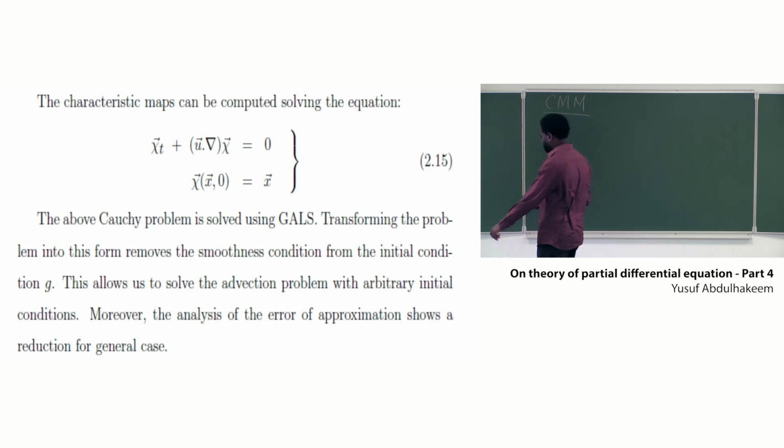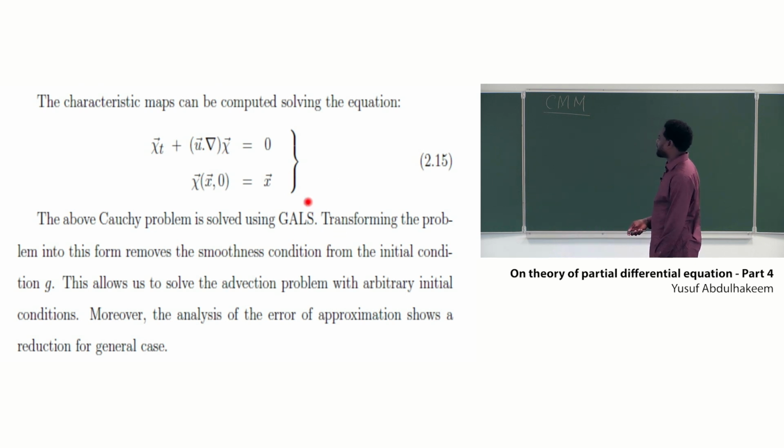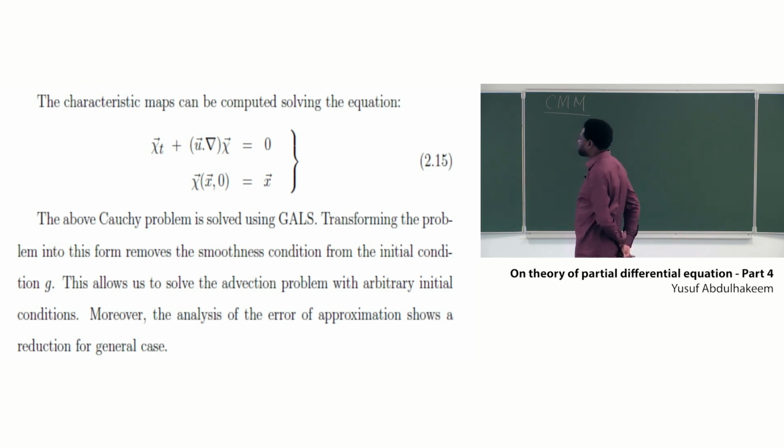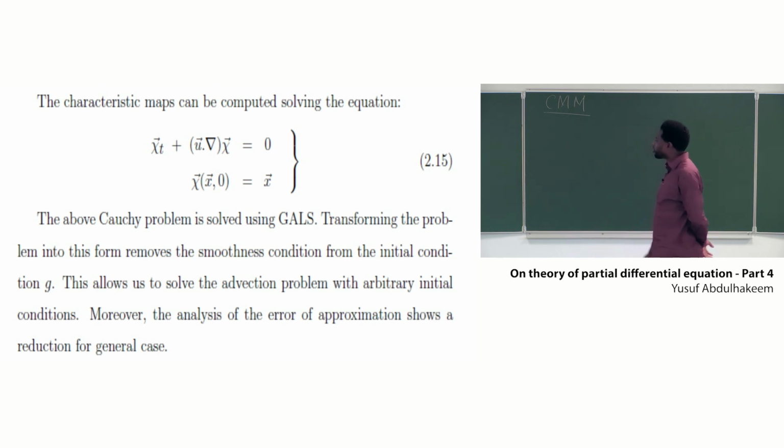The CMM is an improvement on the GALS method, but we are looking at CMM, so we will not bother ourselves with GALS. Transforming the problem into this form removes the smoothness condition from the initial condition g. This allows us to solve the advection problem with arbitrary initial condition. Moreover, the analysis of the error of approximation shows a reduction for the general case.